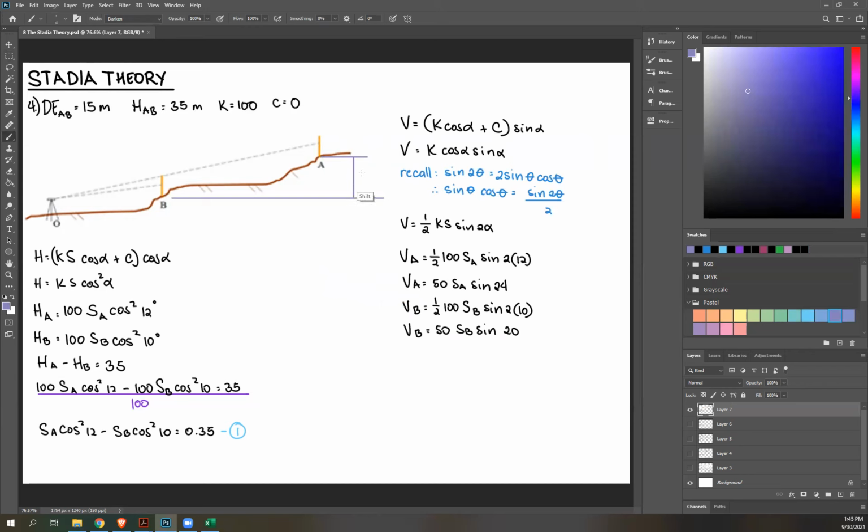Okay, this is your difference in elevation, that's your 15. And then let's figure out what's VA and VB. Okay, let's do this better.